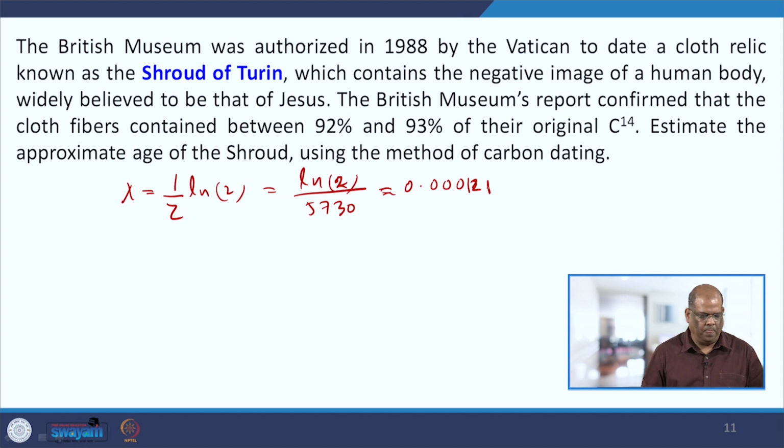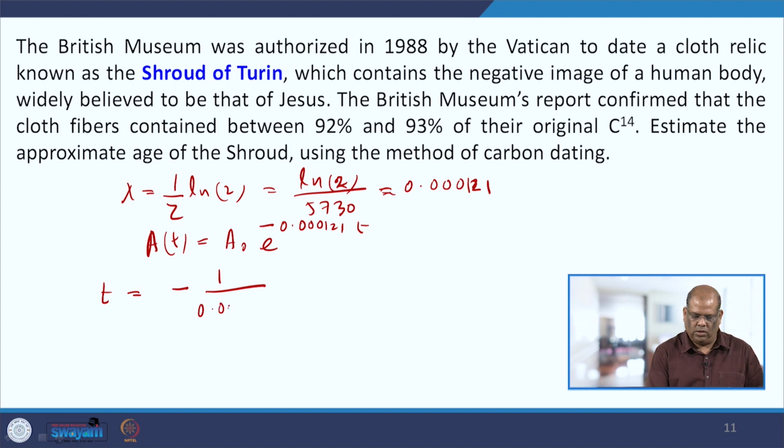0.000121. So, I get my formula A(t) equal to A0 e to the power minus 0.000121 t. So, I get t equal to minus 1 by 0.000121 ln A(t) divided by A0.